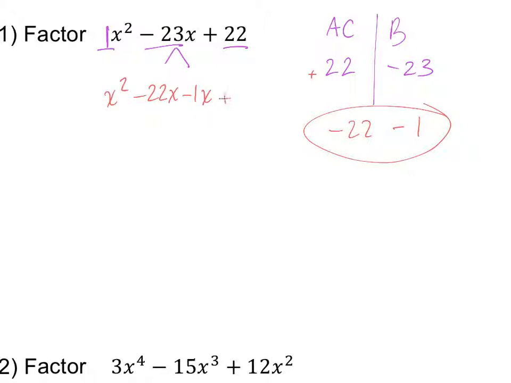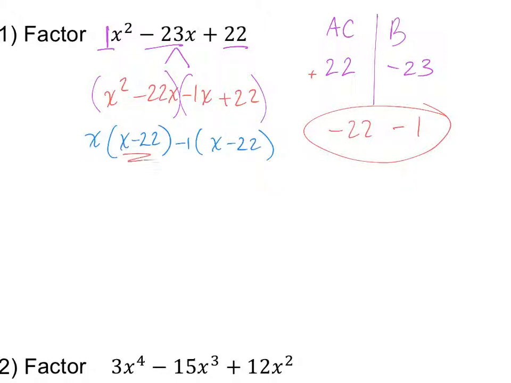If you made it this way, and you rewrote the others, and you did your grouping, because there's 4 terms, group, I could factor out of the first one an x. I'm left with x minus 22. The next parentheses, I could take out negative 1, and I'm left with x minus 22.